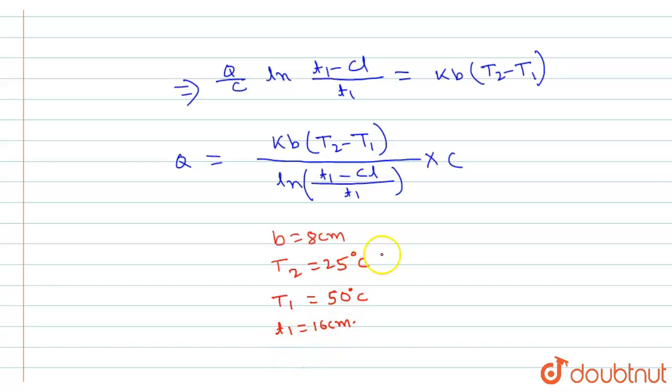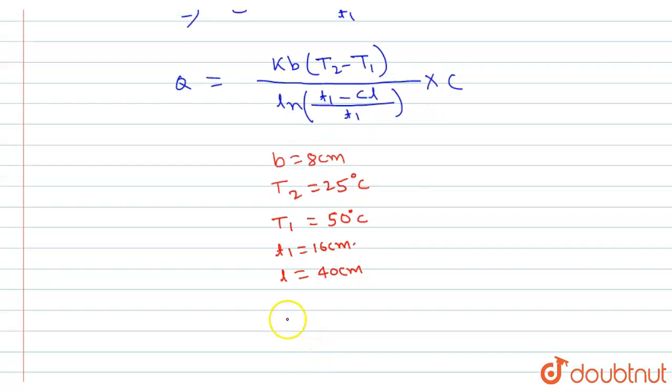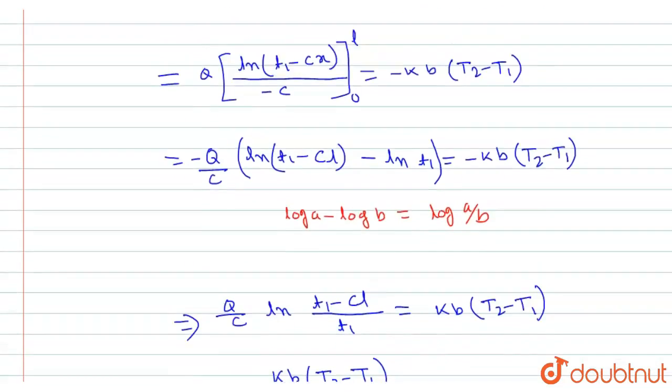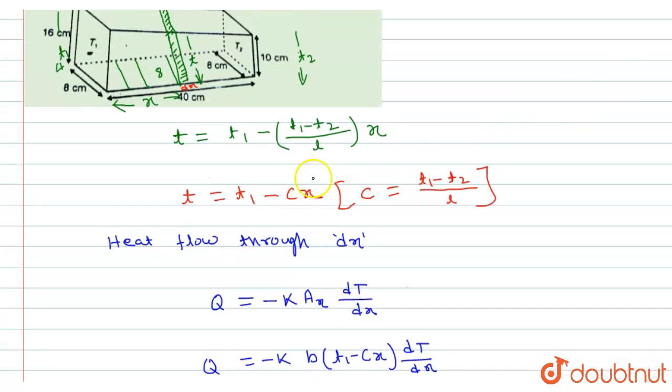Clear? Now C we can find. L is given, that is equal to 40 centimeter. As we know, C we have found earlier, C is equal to T1 minus T2 divided by L. So T1 is 16 minus T2, which is 10, so 6, divided by 40.